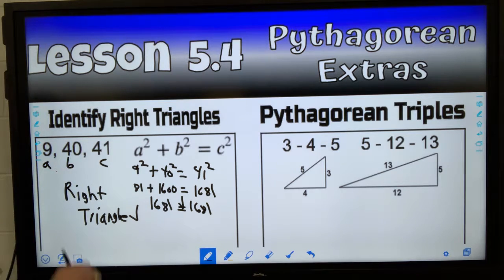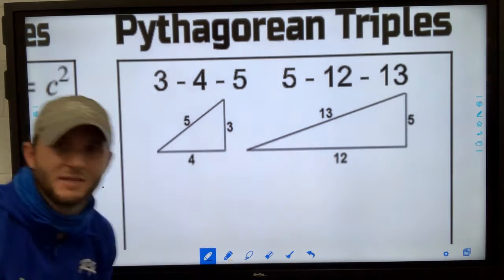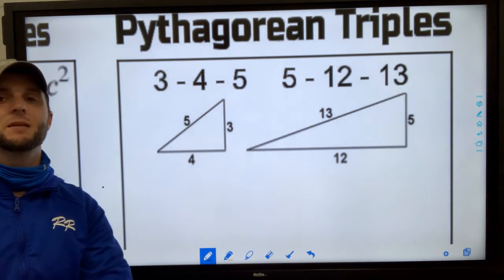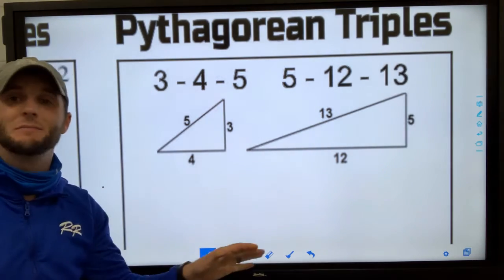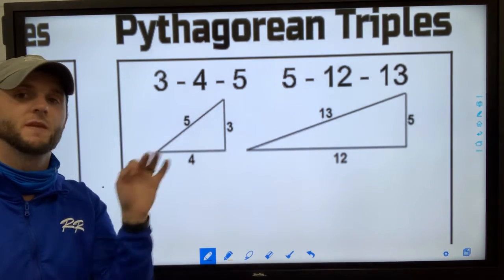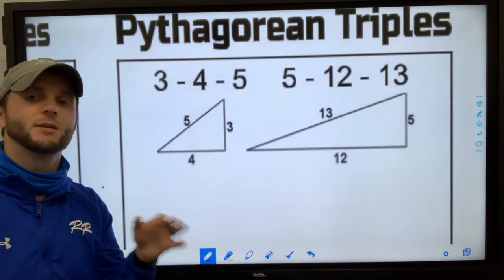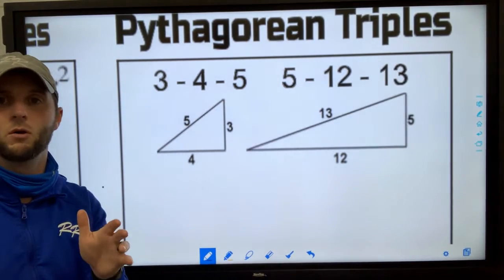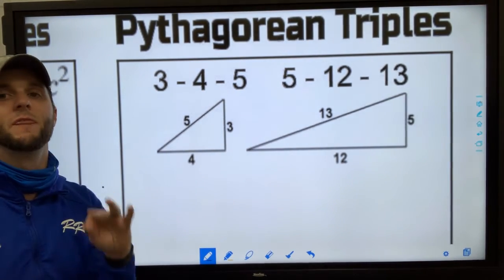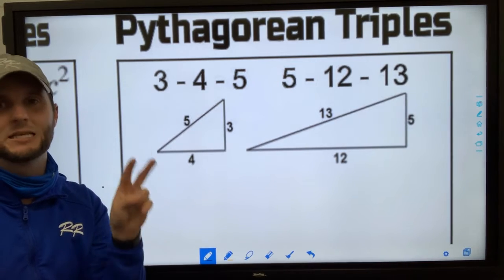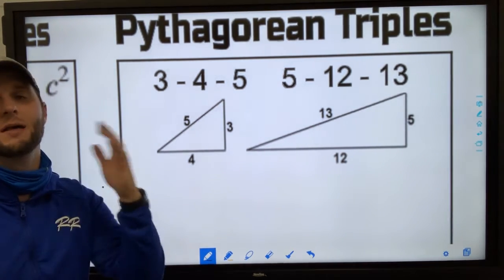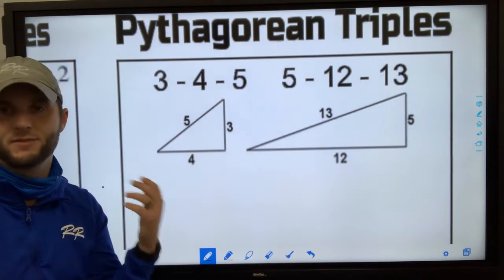Okay, the next thing we're going to look at is something called Pythagorean triples. There is an unlimited amount of Pythagorean triples, meaning three numbers that, whenever you put them into the Pythagorean theorem, turn out to be a right triangle. But there are two sets of Pythagorean triples that reoccur over and over throughout your math years.